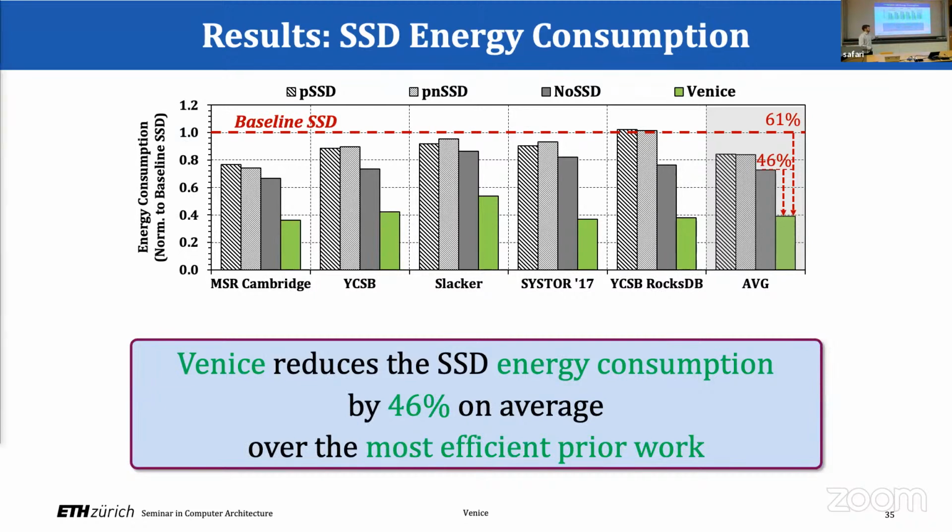And since Venice doesn't have as many path conflicts as all prior works or the baseline, this product is obviously lower. And one might also say the power consumption is lower because those interconnection networks don't use as much energy as a shared bus, and there is less power loss due to the simple router design.